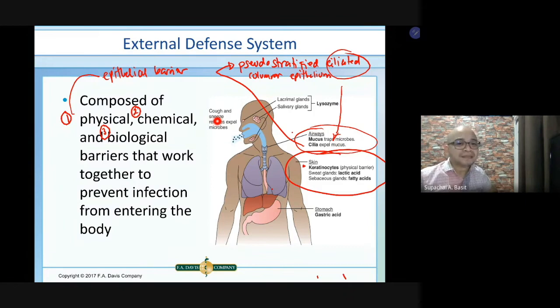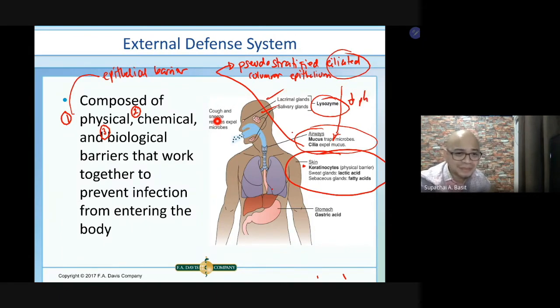Biochemical barriers would include the lacrimal gland and salivary gland. Lacrimal glands, for example, can secrete tears. Salivary glands obviously secrete saliva. And these secretions have lysozyme, and lysozyme has antibacterial properties, and the secretions are also very low in pH.